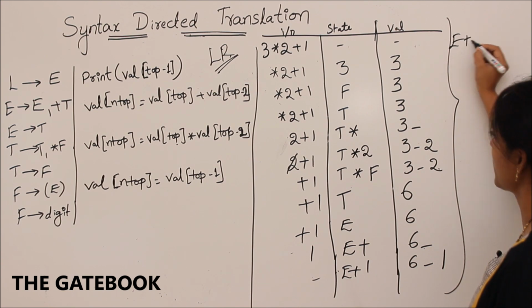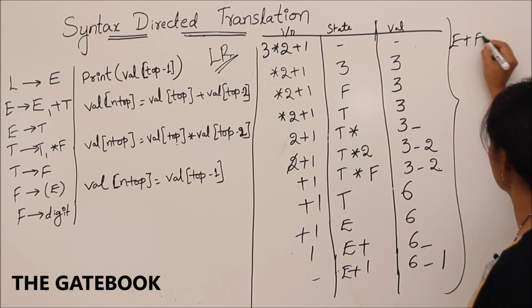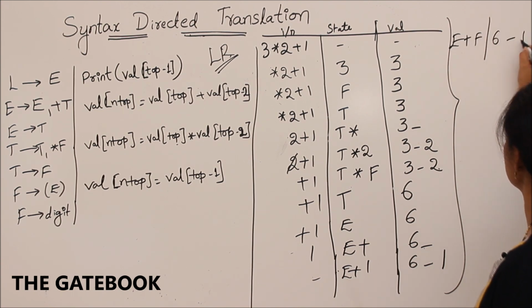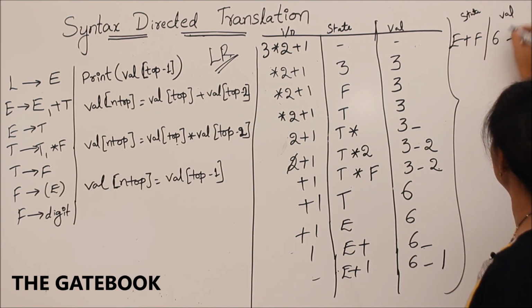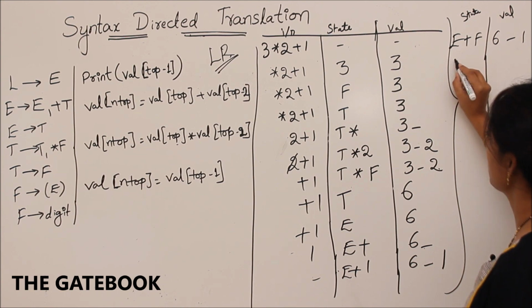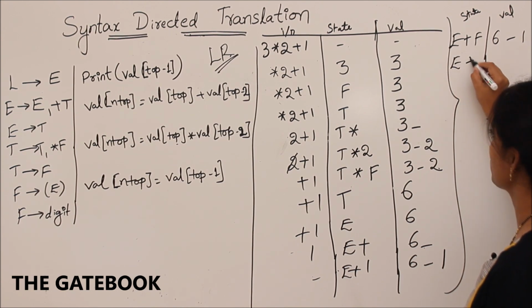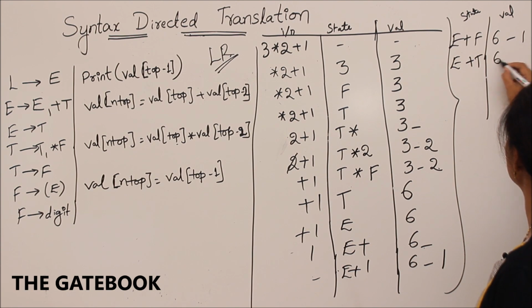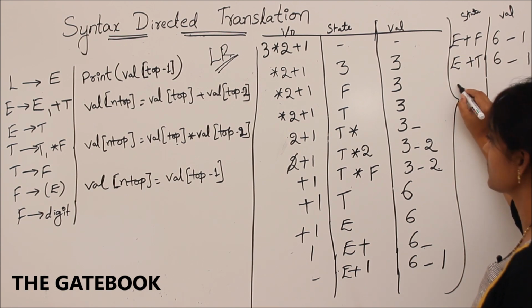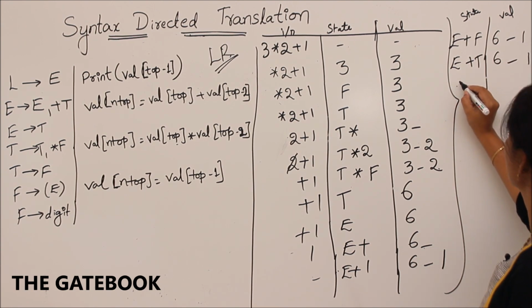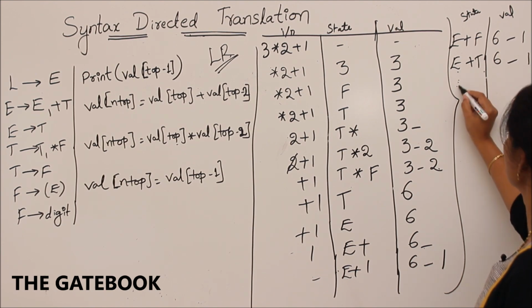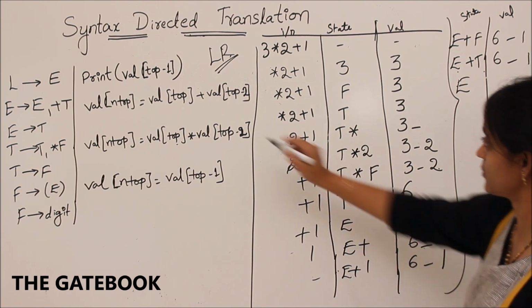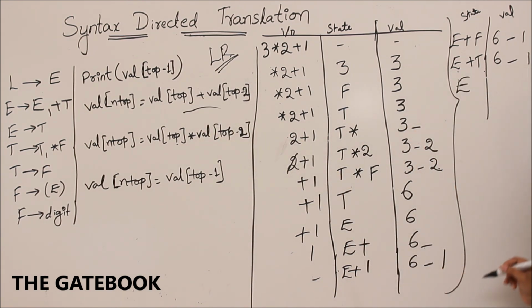Then I'll write the remaining steps here. E plus 1 I'll replace with F, no change in the stack, this is the state stack and this is the value stack, and then I replace F with T, no change, and then I'll replace E plus T with E, then I have to apply this semantic rule.